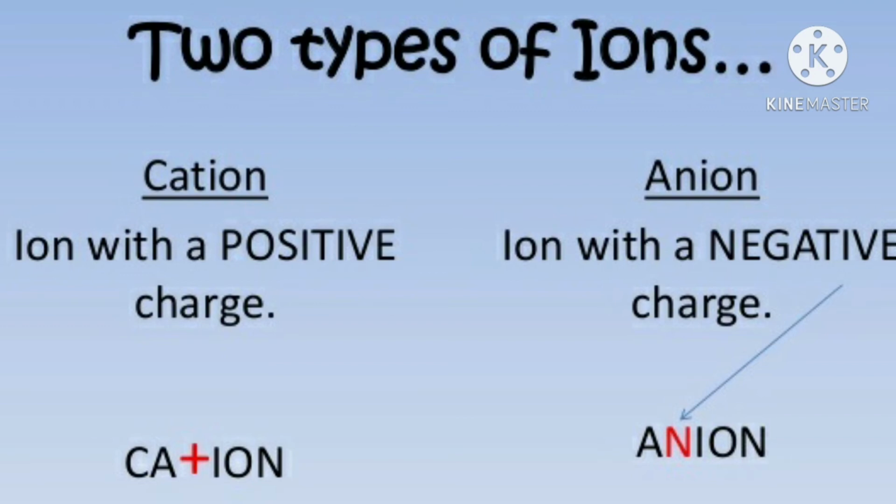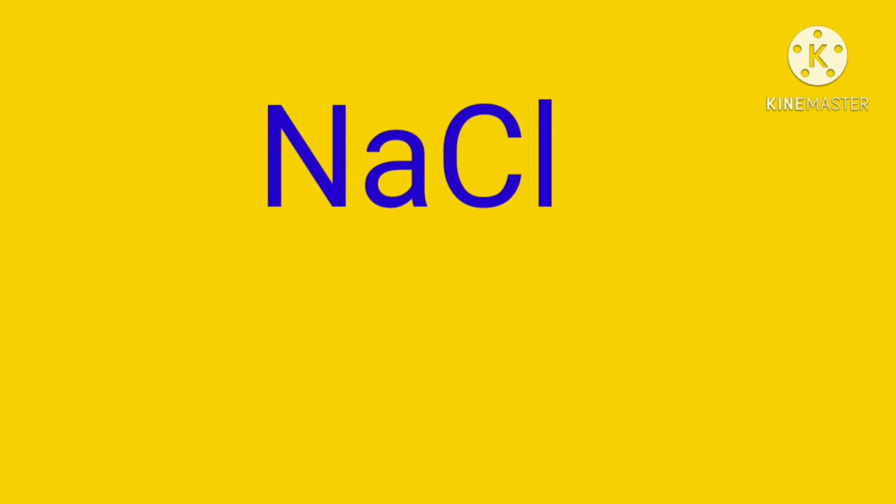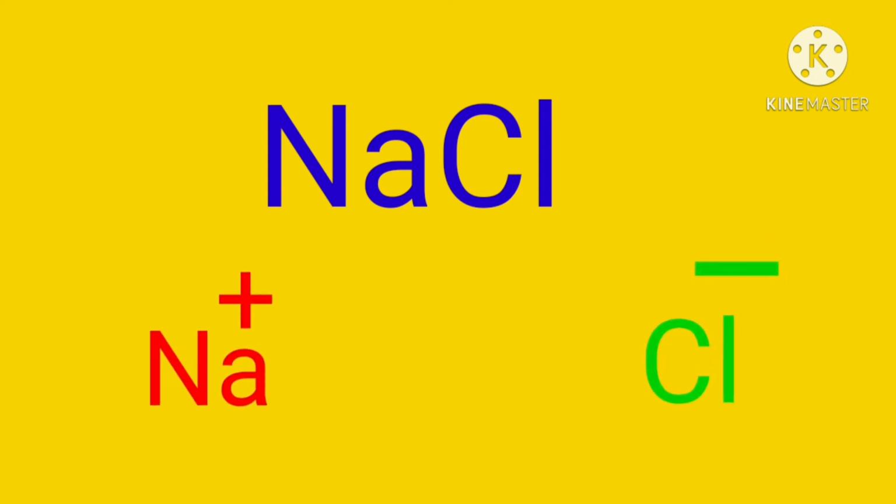For example, sodium chloride does not contain discrete molecules as its constituent units. Its constituent particles are positively charged sodium ions, Na+, and negatively charged chloride ions, Cl-. Ions may be charged independent atoms or a group of atoms, that means polyatomic, that have a net charge on them.